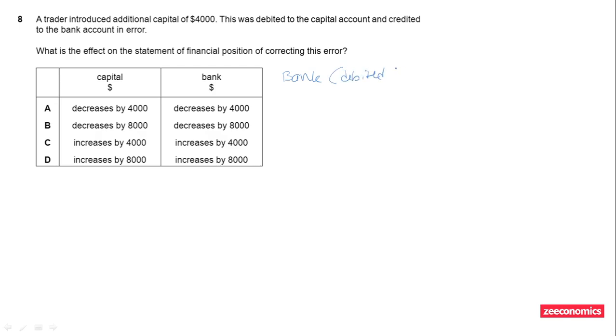So bank account is debited for $4,000. Again, because the owner introduced money into the business, this will be considered as capital, and capital increases on the credit side. So therefore, capital needs to be credited for $4,000 as well. Now bear in mind that this is the correct entry.